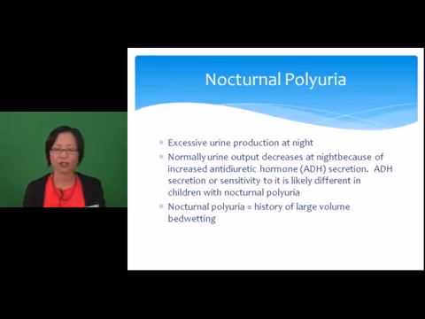There are some studies that suggest that there's a decrease in the actual secretion, but this has not been proven in multiple studies. It's likely somehow also related to small bladder capacity because we know that ADH secretion increases with bladder distension. And how you know if someone has nocturnal polyuria is if they have a history of very large volume bedwetting.